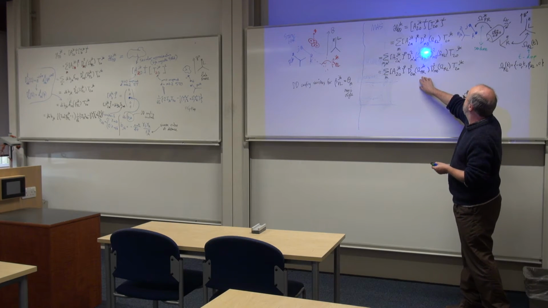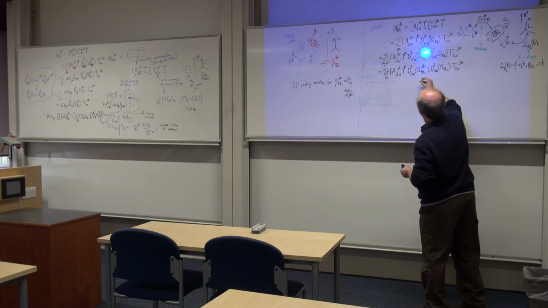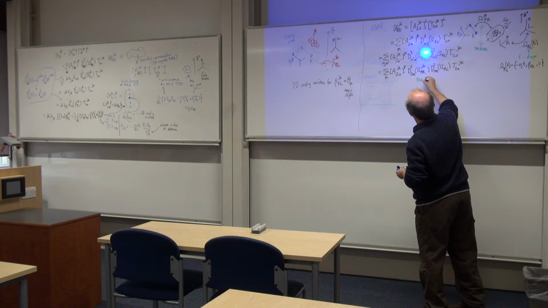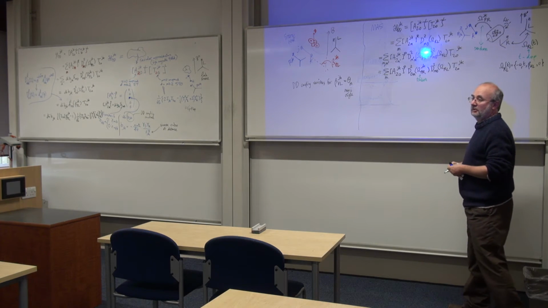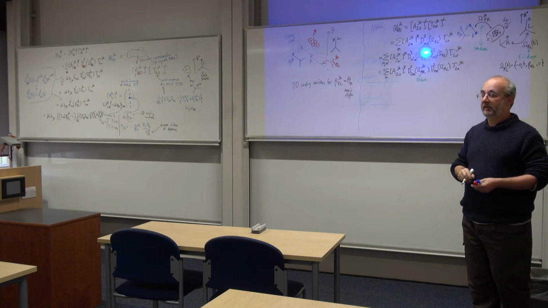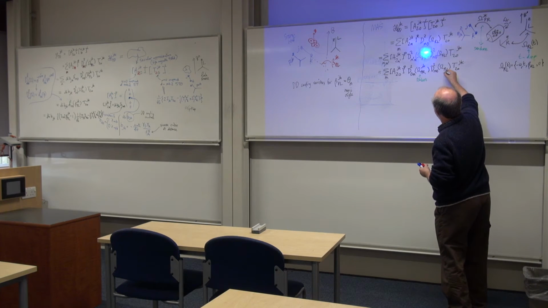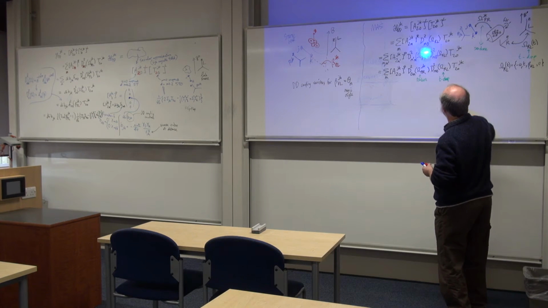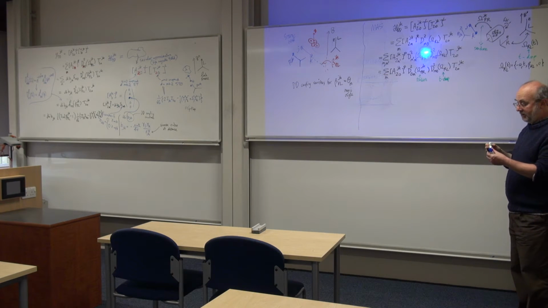So these angles here, these are all random. Every molecule in the powder will have a different set of angles there. And omega RL is time dependent, according to this. So let's put the time dependence in.